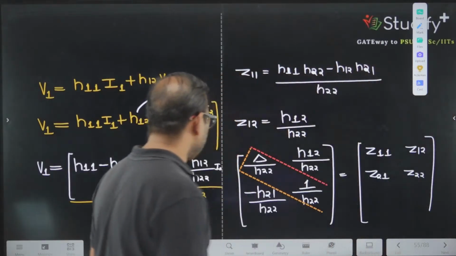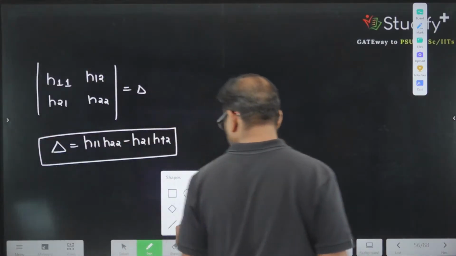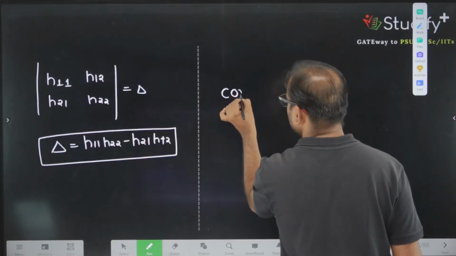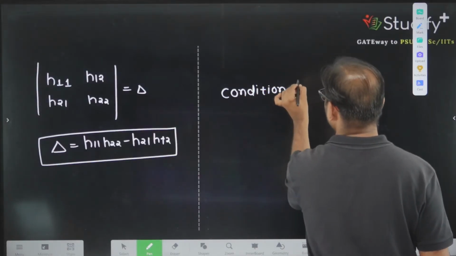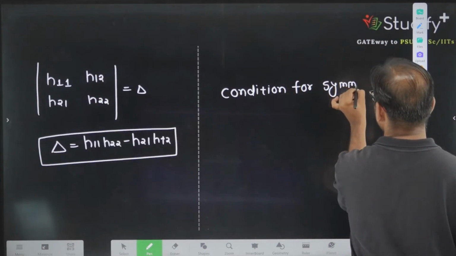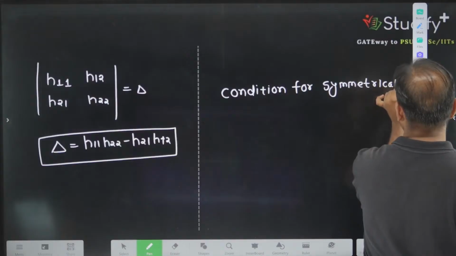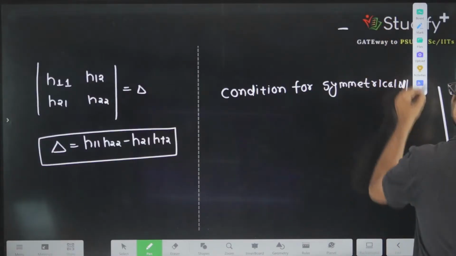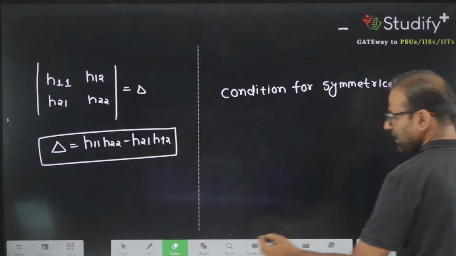So can I say the condition for symmetrical network, and what is the condition for symmetrical network?